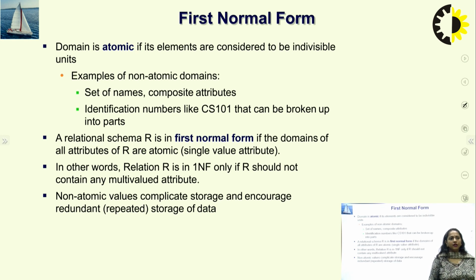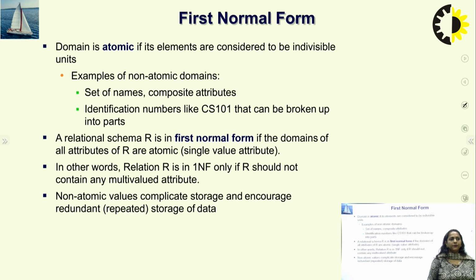A relation R is in first normal form if the domain of all the attributes is atomic. All the attributes, all the columns, the values for them should be single value, and R should not contain a multi-value attribute. There should be a single value for a single attribute.